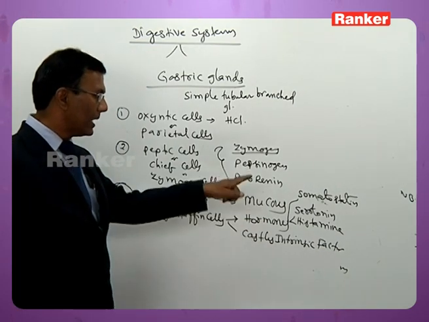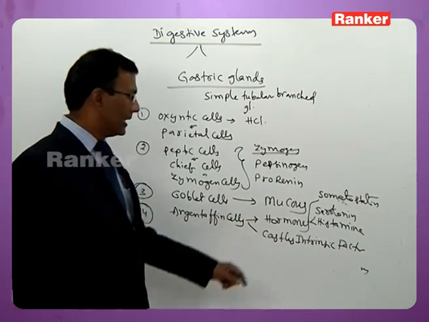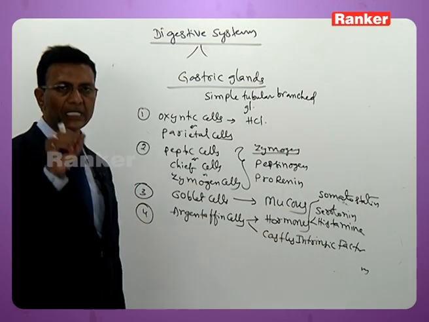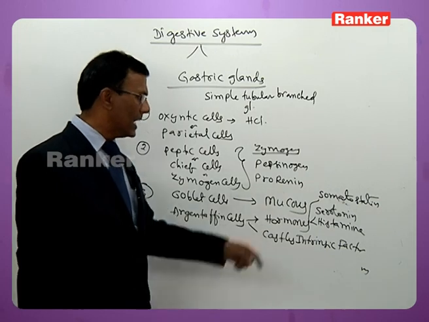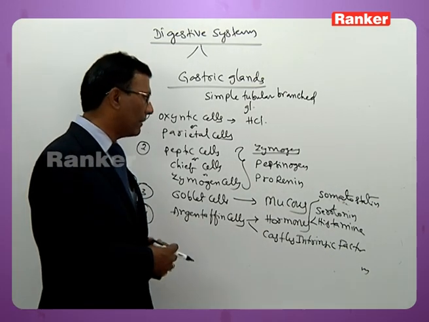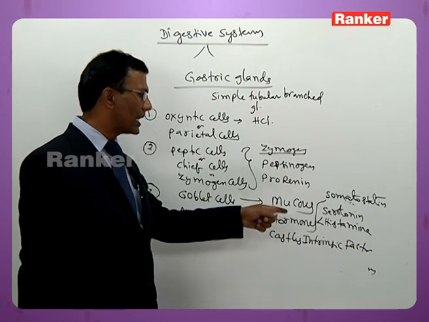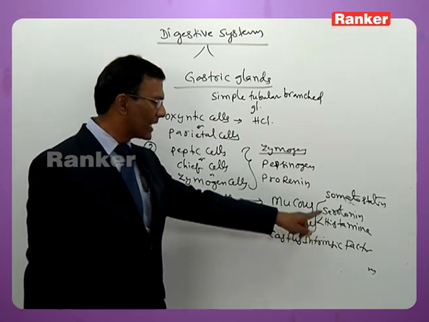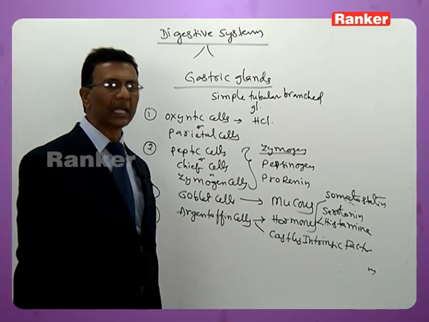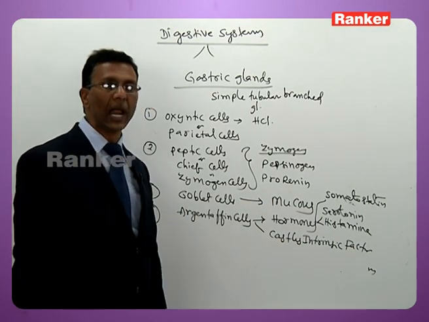Serotonin, histamine and somatostatin. The serotonin acts as a vasoconstrictor. It helps in constricting the blood vessels of the stomach. Histamine acts as a vasodilator, helps in dilation of the blood vessels. Somatostatin prevents secretion of excess amount of serotonin and histamine. It inhibits secretion of excess amount of serotonin and histamine.